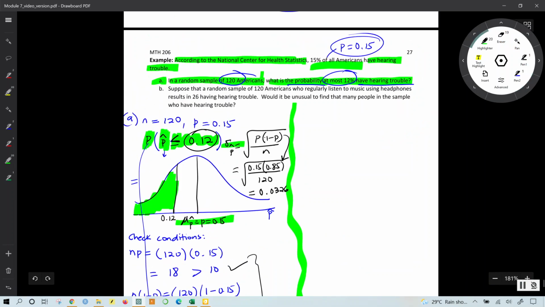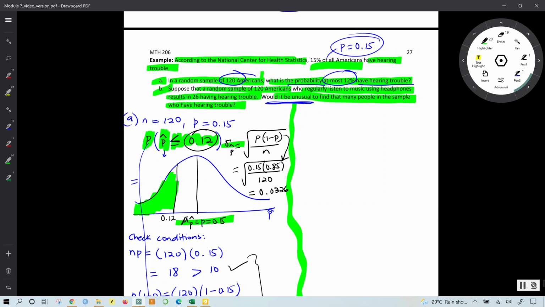In part B of the question, we're told that suppose a random sample of 120 Americans who regularly listen to music using headphones results in 26 having hearing trouble. Would it be unusual to find that many in the sample who have hearing trouble? Let us see what that entails. What constitutes an unusual event?